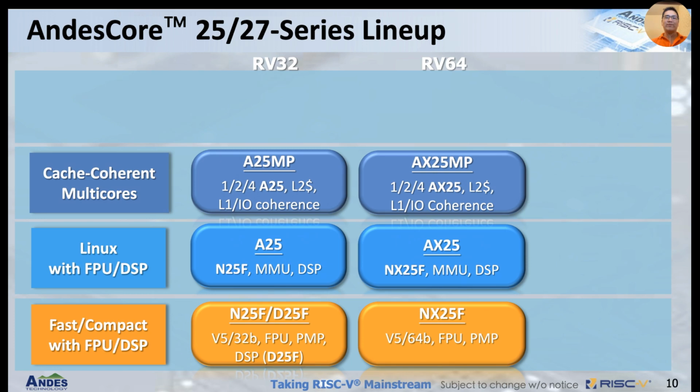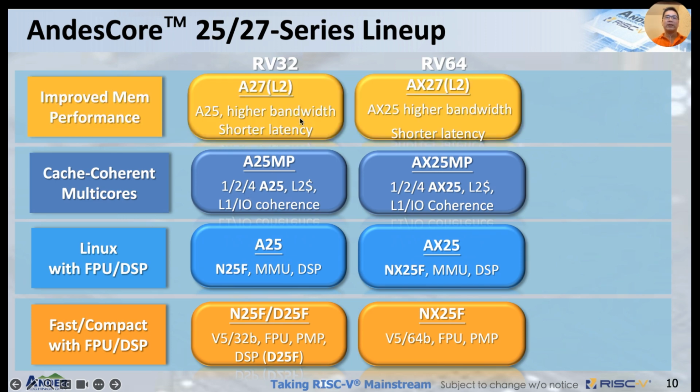And then the A25MP and the AX25MP, they can support multiprocessor with optional level 2 cache and I/O coherency. It can be configured from 1, 2, or 4 cores. The A27 and the AX27, and the version that supports L2, added the MemBoost technology to increase the overall memory performance.